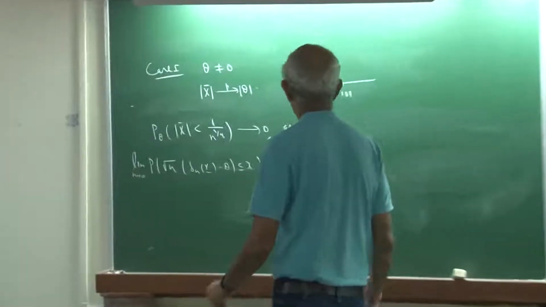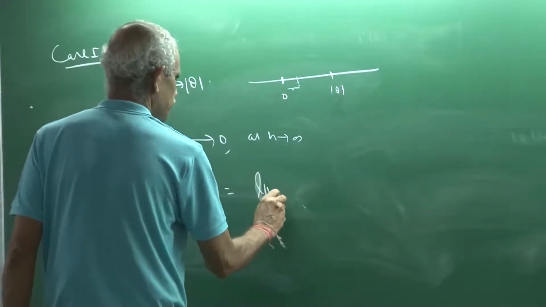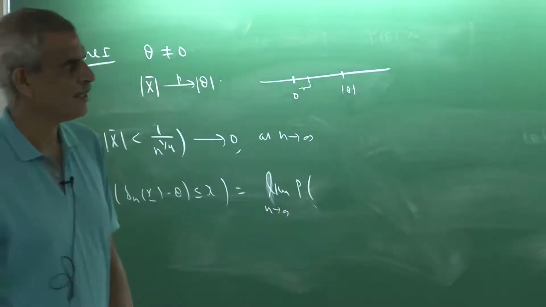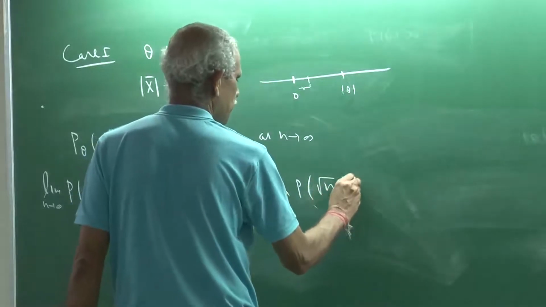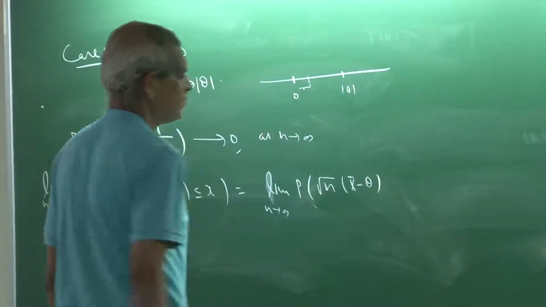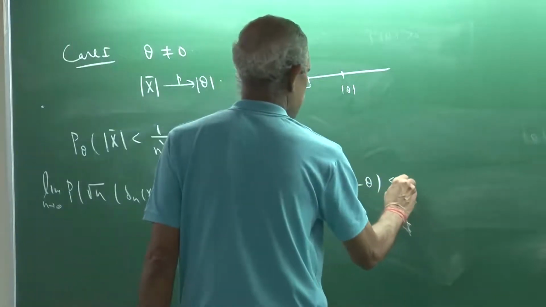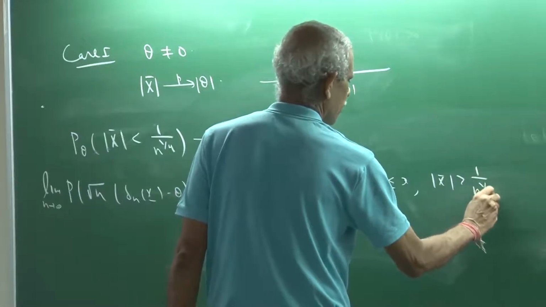So this is the same as the limit n going to infinity of the probability that root n x bar minus theta is less than or equal to x, and mod of x bar is greater than 1 upon n to the power 1 by 4.